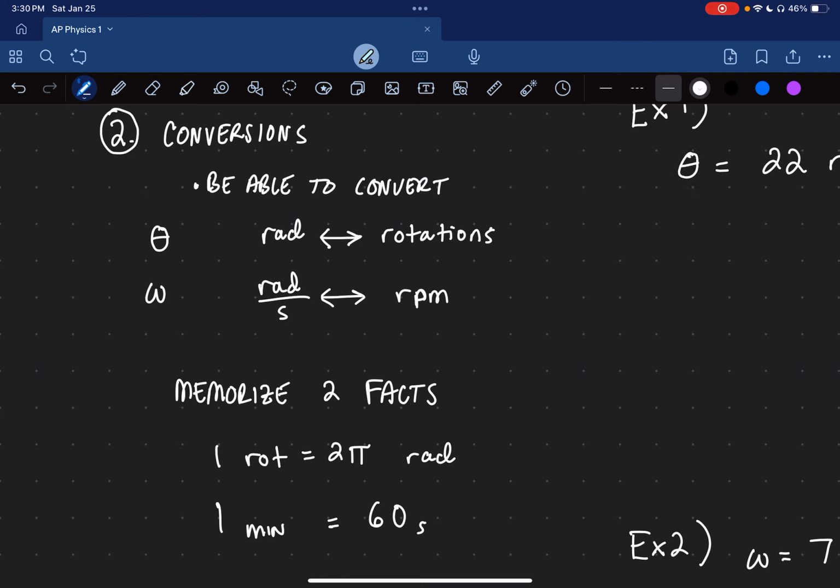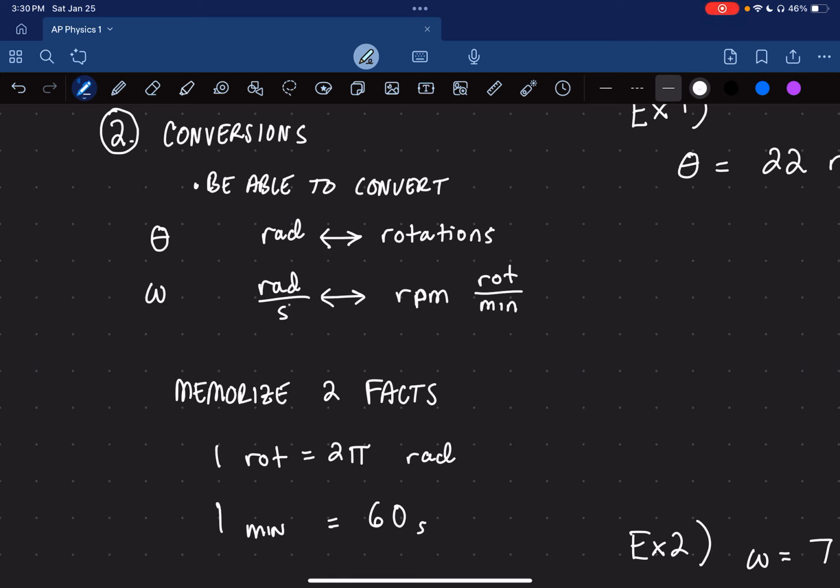And we also want to go from angular speed, radians per second, to RPMs, which, by the way, is rotations per minute. And this is how I will write it, rotations per minute, or RPM. And back and forth.